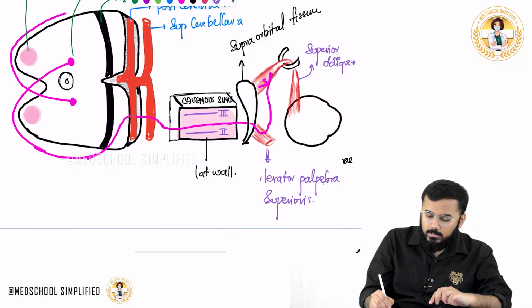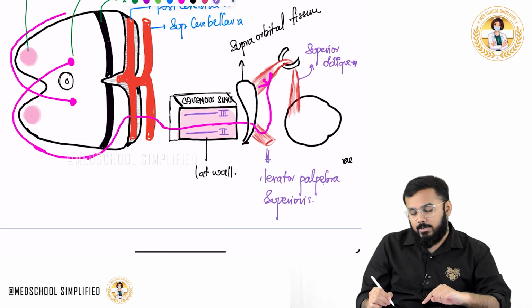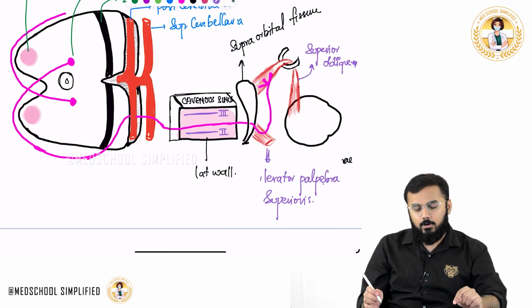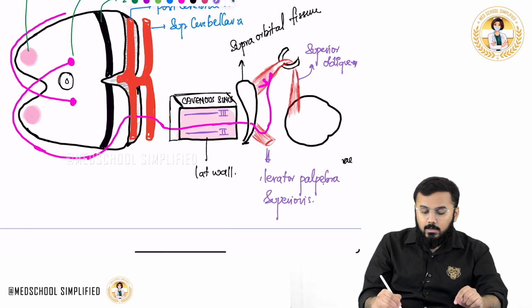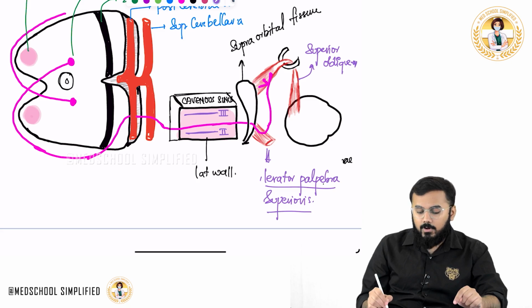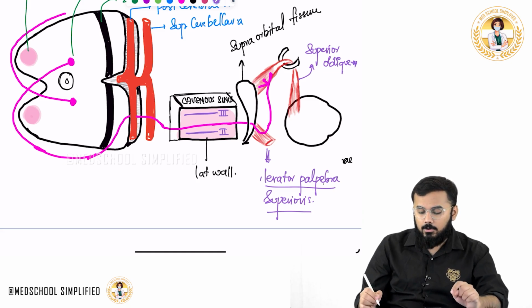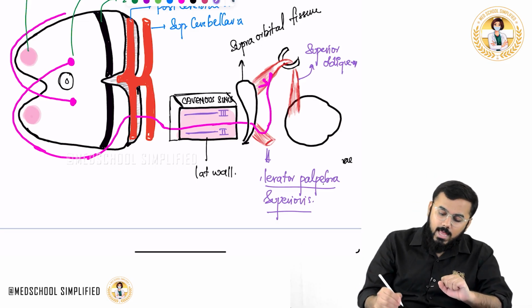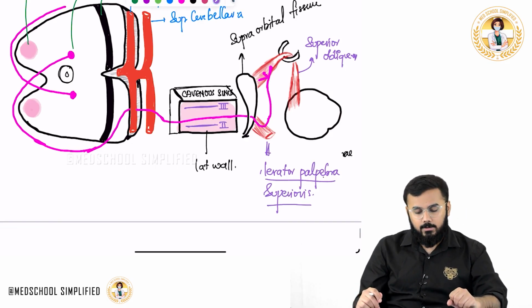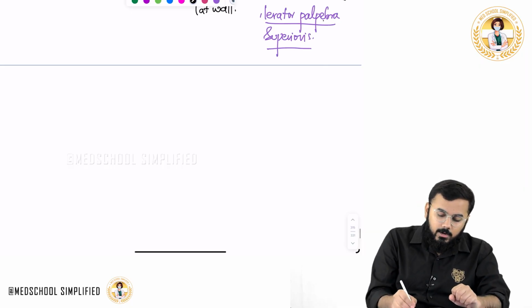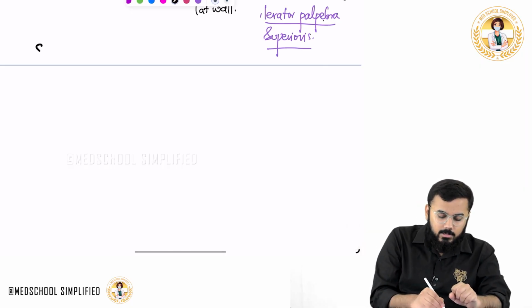It looks as if it is supplying the levator palpebrae superioris, but no. It is coming down, going above from the mid part of the levator palpebrae superioris, taking a U-turn from the middle part of it, and supplying the superior oblique muscle.